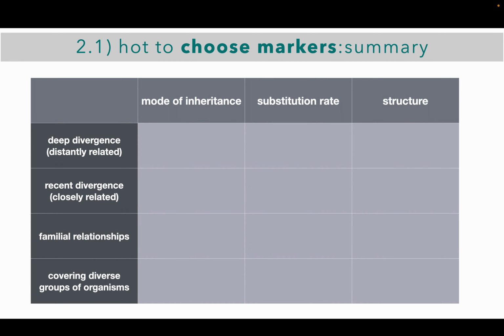All right. So to summarize everything, based on the characters. If you want something that's deep divergence, something that separated a long time ago, very far away, you don't want something very fast, right? You want something to be a bit slower so you can still detect relationships. So you want the substitution rate to be very slow.